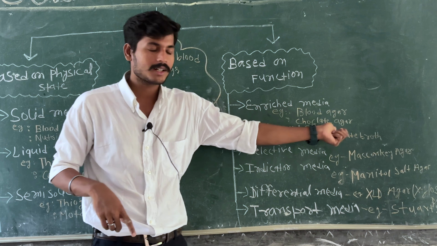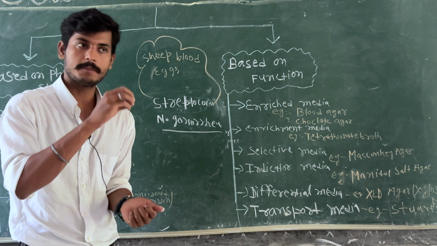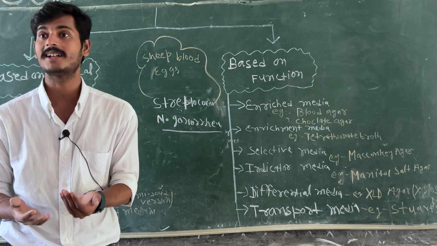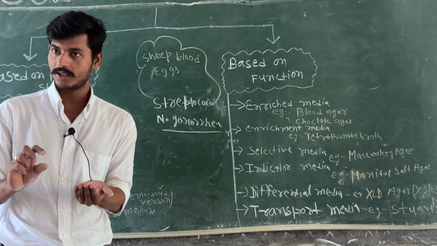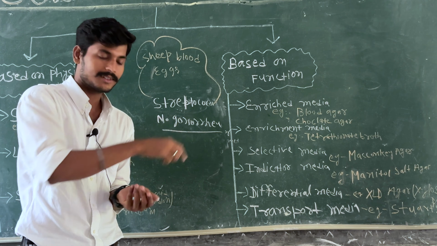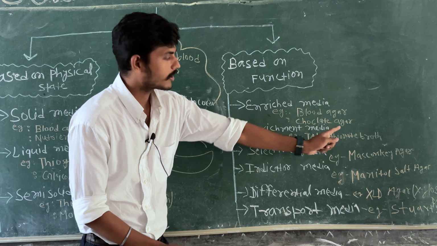Why is it brown? Because we are giving the same sheep blood into the chocolate media also, but this time the blood is heated. The sheep blood we first heat, and then put into the petri dish, and make the chocolate agar.